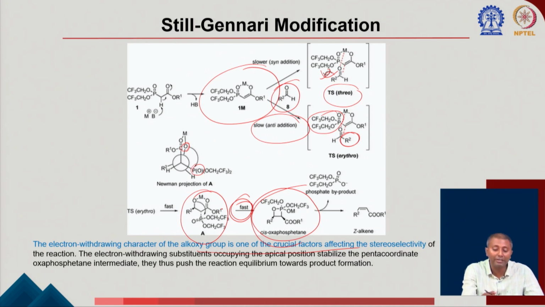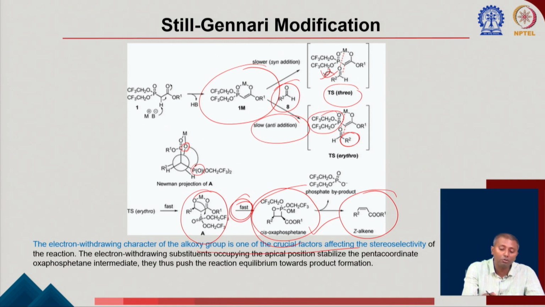Instead of this getting into equilibrium to equilibrate to the corresponding trans oxaphosphetine, after the attack happens, this immediately forms this cis oxaphosphetine and goes to the corresponding Z alkene, which you have seen in the case of the unstabilized one. Correct? In the case of the unstabilized one, we have seen that the reaction is happening first. It is forming immediately through kinetic control the cis oxaphosphetine and going to the product.